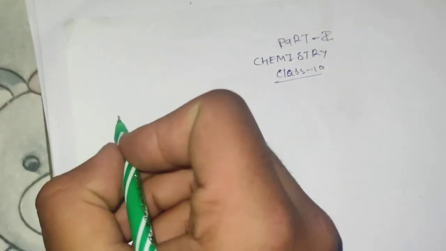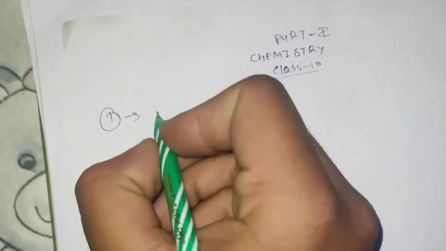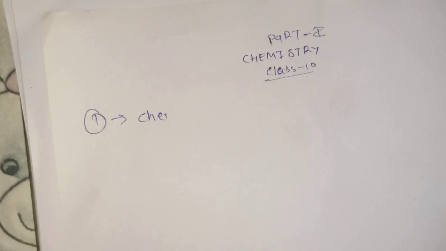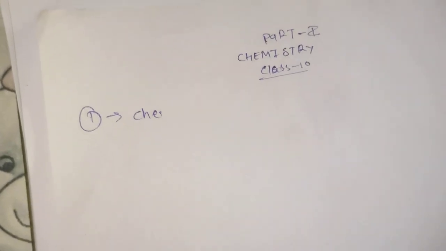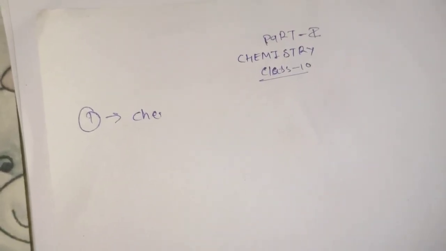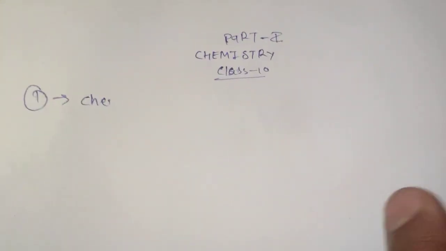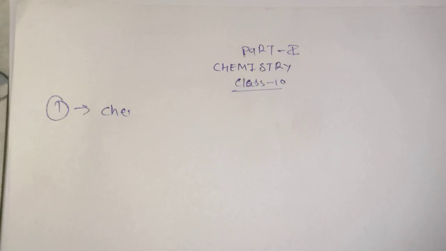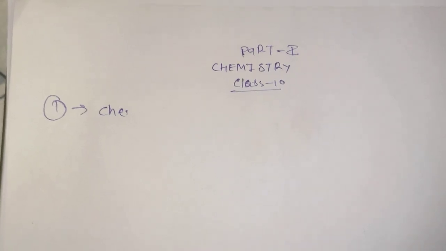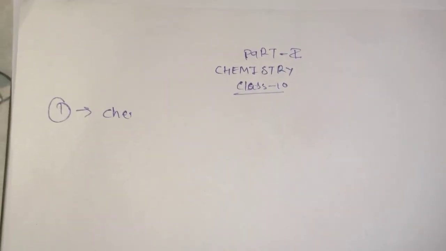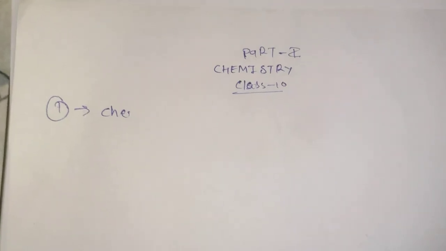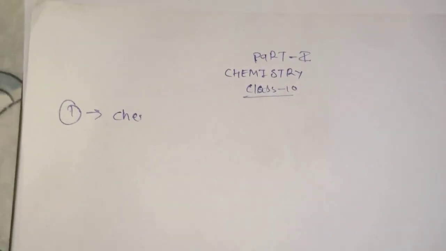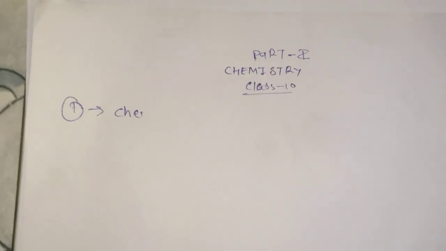Here we talk about what a chemical reaction is. Chemistry is the branch of science where we learn about chemical properties, chemical reactions, and elements and their chemical natures, and we study different types of compounds.